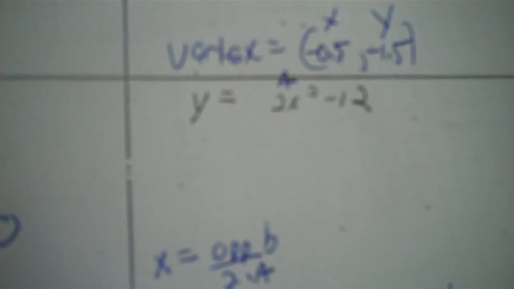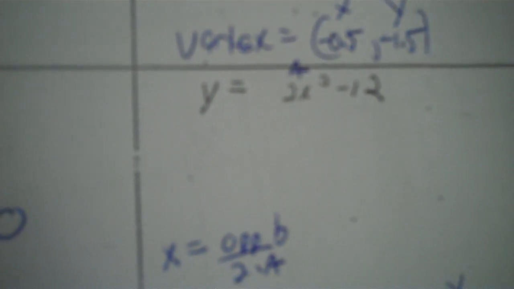Okay, vertex equals, okay, so the x is found by opposite of b divided by 2 times a. Alright, so this is a, and then there's no b. Remember, it's ax squared, then bx. Well, there's no x, and then c is your constant. So 0 is going to be your b, and making it opposite doesn't really change the fact that it's 0.